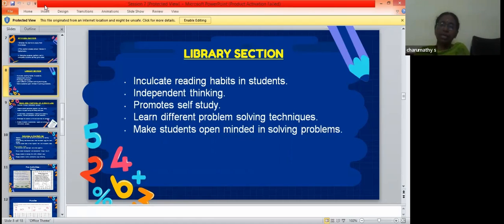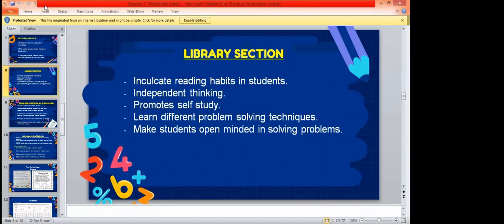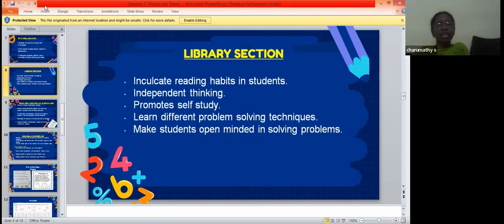If you closely observe, not all children start from the starting point. There are children who start from the end point to reach the starting point. Have you observed that? Children who think in a very different way. So this is a place where they try to solve problems using different techniques, and that is where they explore, oh, the sum can also be solved in this way.